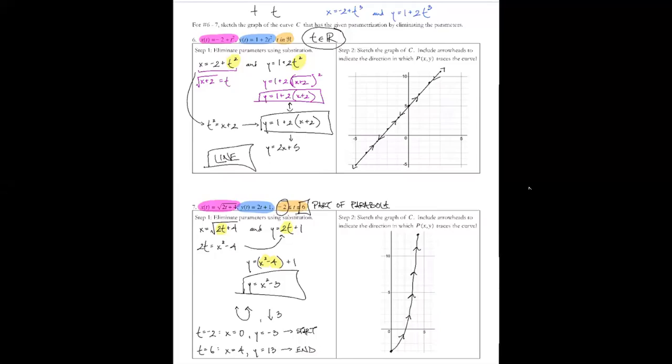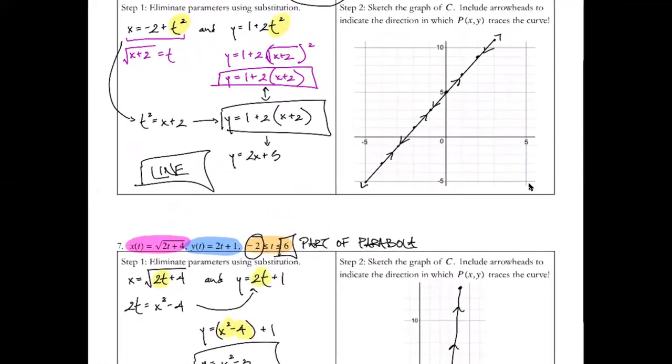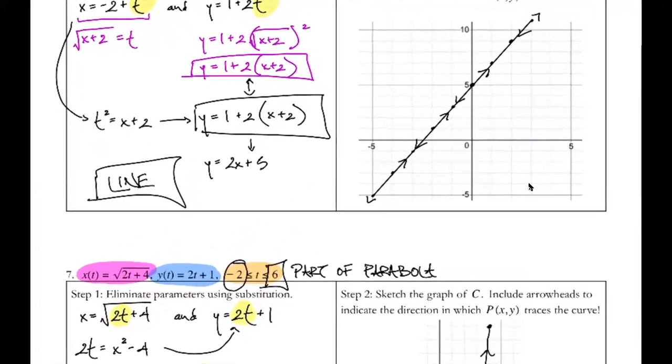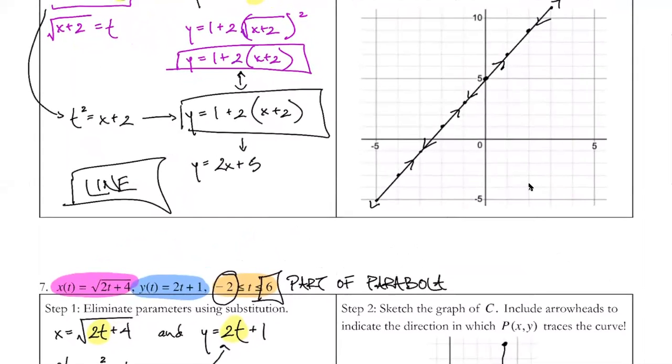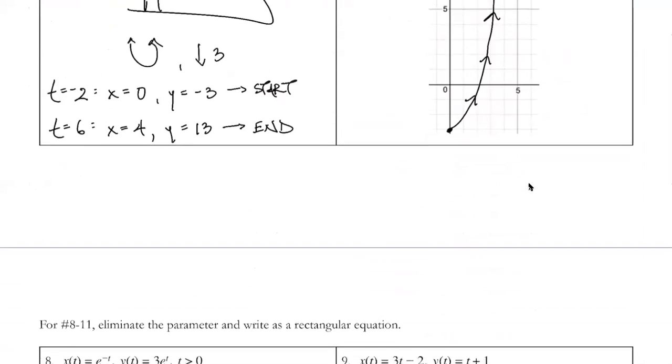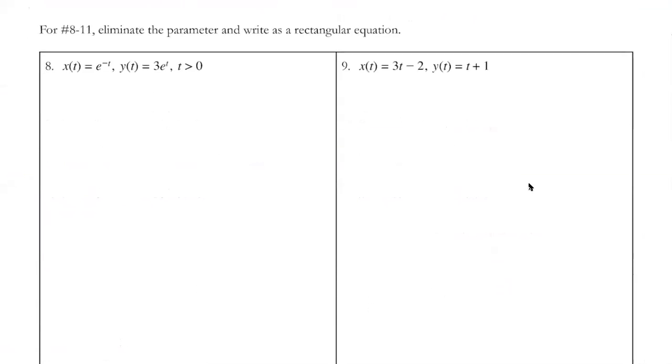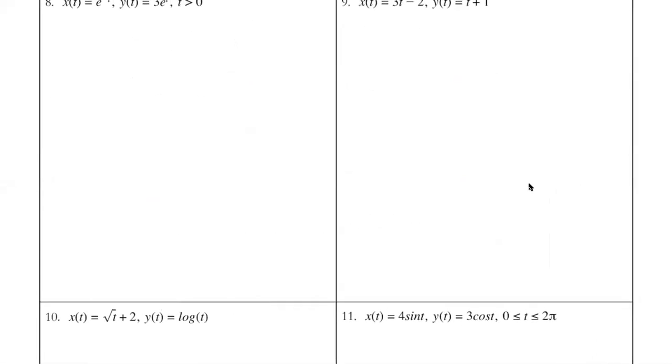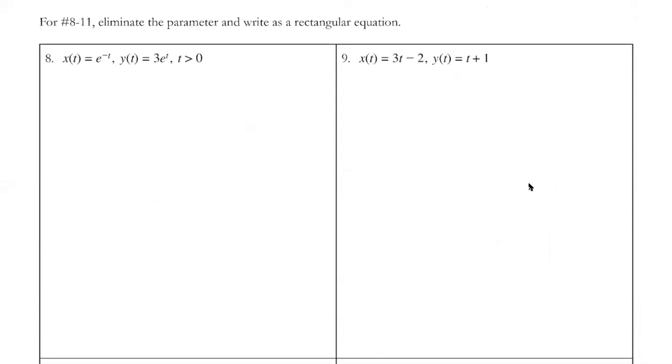All right. So what we're going to do to finish things off is we're going to take a look at 4 questions, where all we're going to do is eliminate the parameters. Okay.